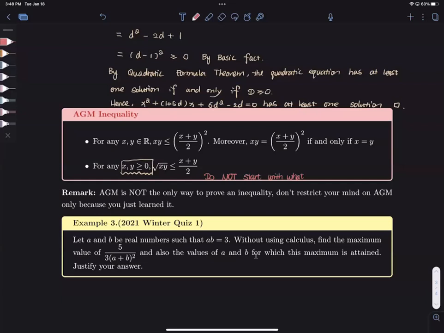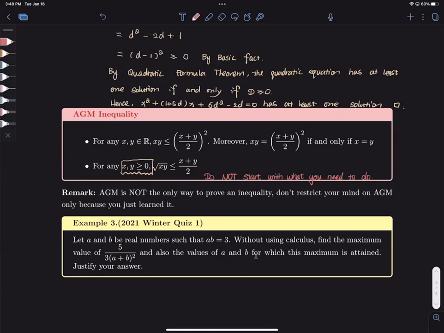This is what people do all the time. What you need to prove is something you need to prove, right? If you start with it, that means there's nothing for you to prove anymore. So you should never start with what you need to prove.